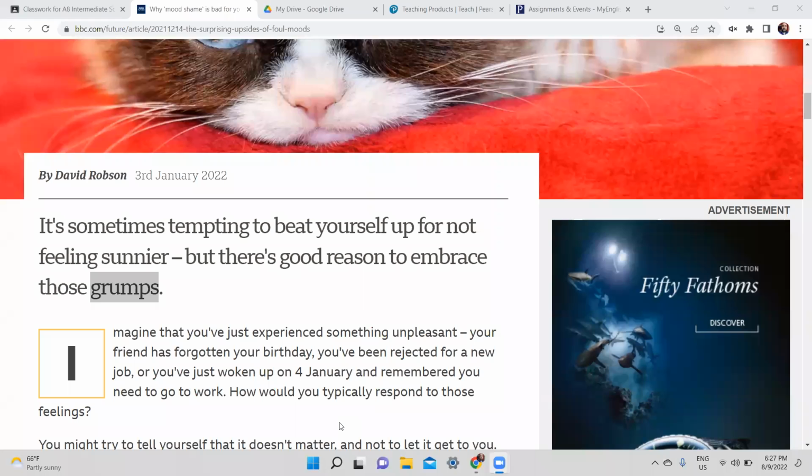Grumps maybe it's a situation when you feel very angry and you are impatient. Okay. All right, good. I think we're getting there. Great. That's related to this indeed.